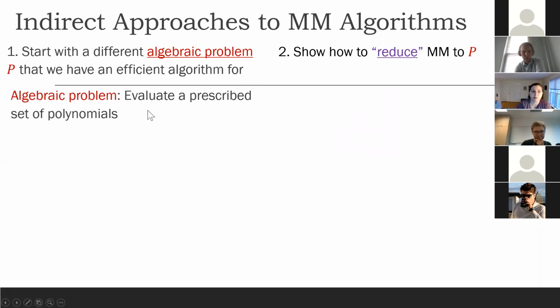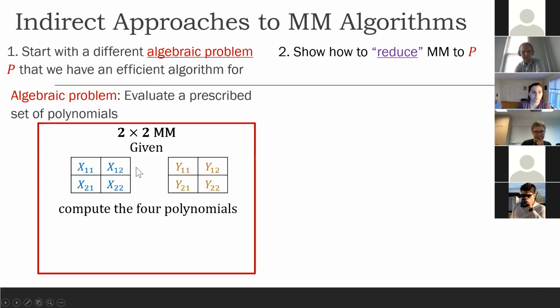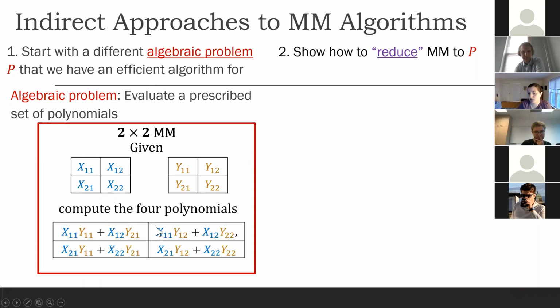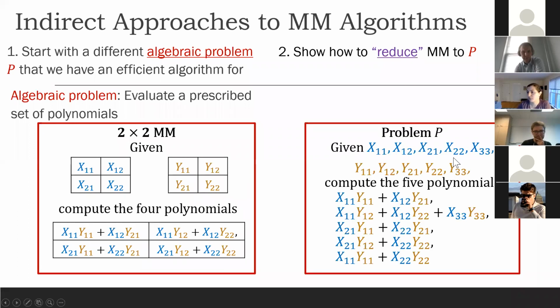These algebraic problems are just a set of polynomials you have to evaluate. For example, 2 by 2 matrix multiplication computes these 4 polynomials. But instead of 2 by 2 matrix multiplication, maybe you look at this problem P, which has more variables. Maybe it has 5 x variables, 5 y variables, and 5 output variables, 5 polynomials you need to compute.